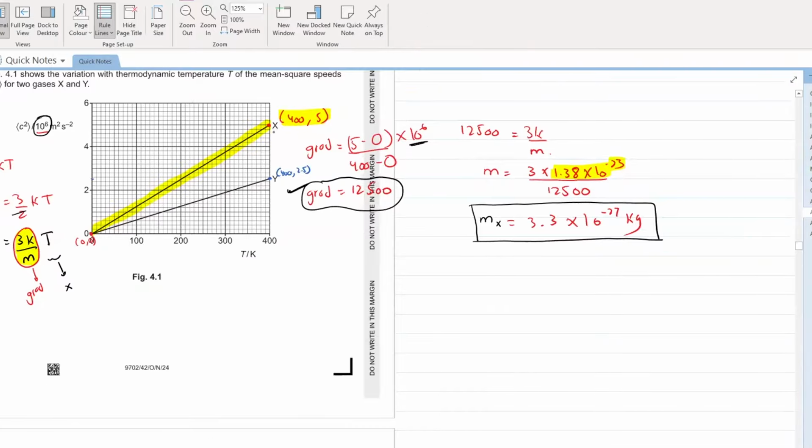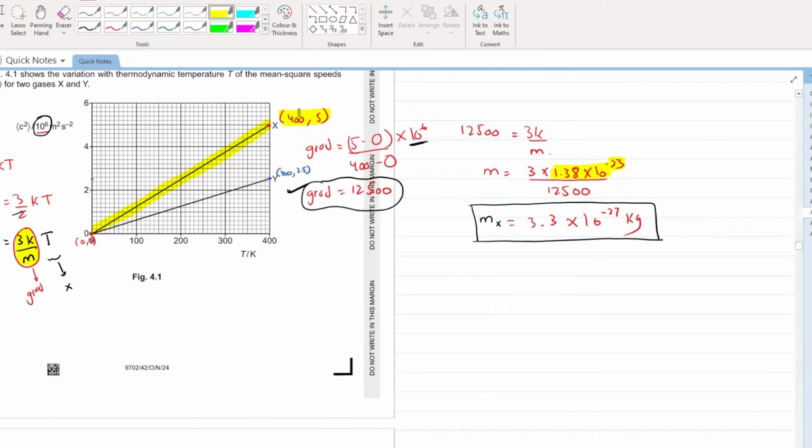Can you see the Y point has become half of the X point? The y coordinate of X was 5. The y coordinate of Y is 2.5, half of it. So your gradient will also be half, 6,250. This will save you some precious time in the examination.